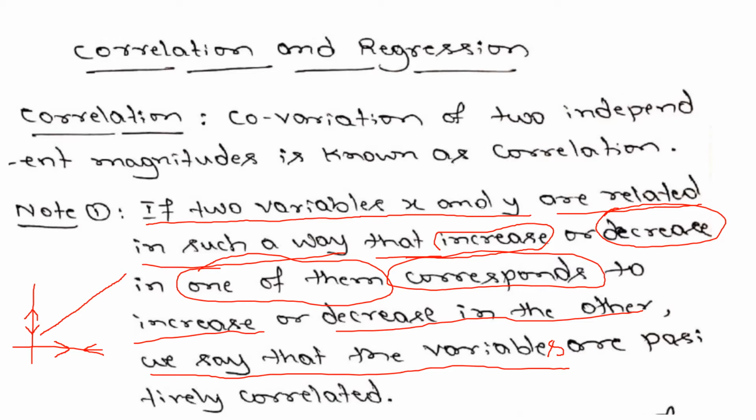But when x increases and y decreases, in that case we call it negatively correlated.